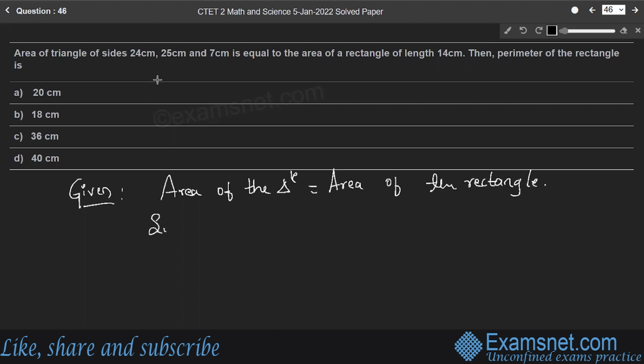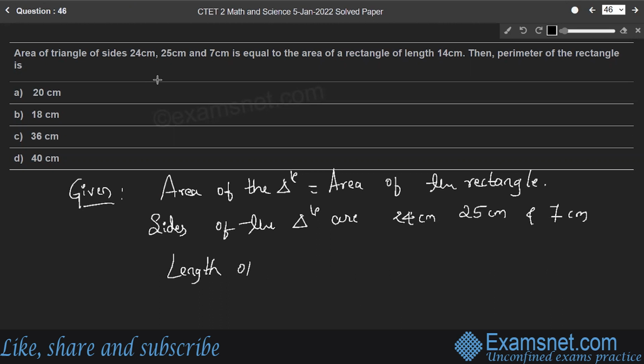So sides of the triangle are 24 centimeter, 25 centimeter and 7 centimeter. And length of the rectangle is equal to 14 centimeter. We need to find perimeter of the rectangle. For that, we need breadth of the rectangle also.